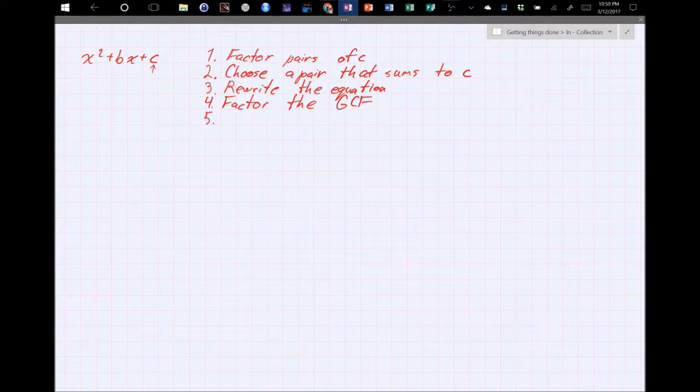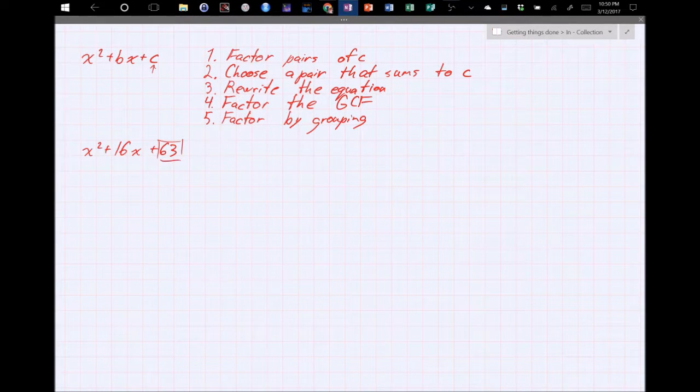And then the fifth step, we're going to factor by grouping. And here's one example. So I'm going to work two examples. Here's the first one. I want to factor x squared plus 16x plus 63.